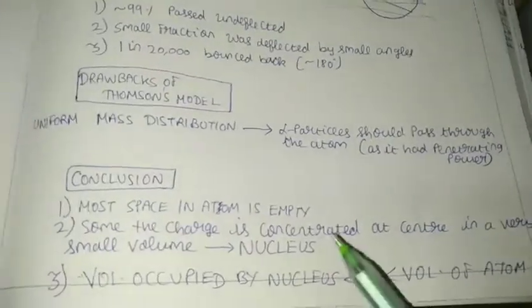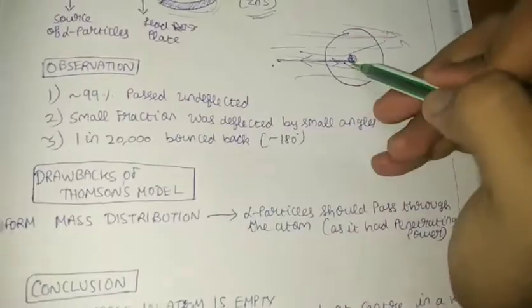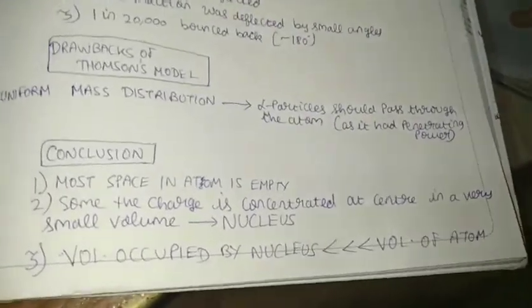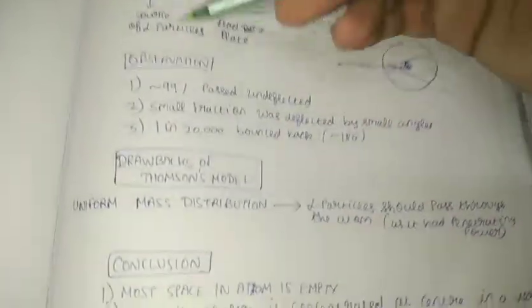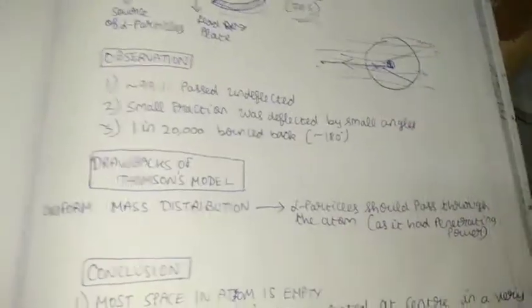So this he named the nucleus, and it had a positive charge due to the presence of protons in it. That is why a small fraction was deflected by small angles, and 1 in 20,000 bounced back 180 degrees, and because many rays went undeflected, only a few rays went deflected by small angles.